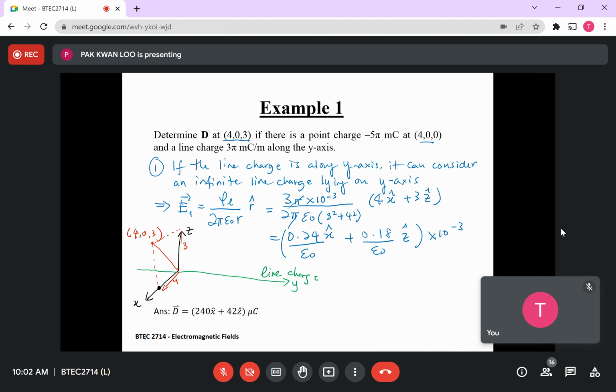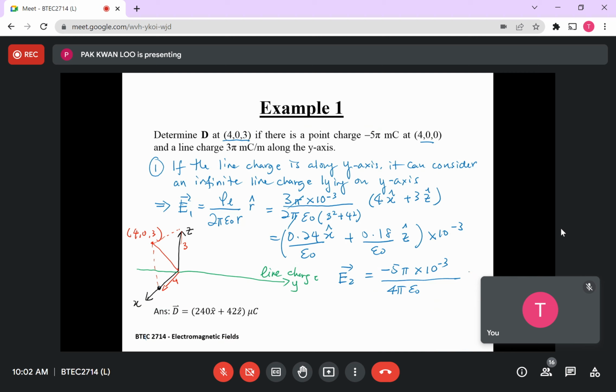E1, index 1, is contributed by the line charge, and E2 is the point charge, which is -5 pi times 10 to the power -3 divided by 4 pi epsilon, along the y-axis.